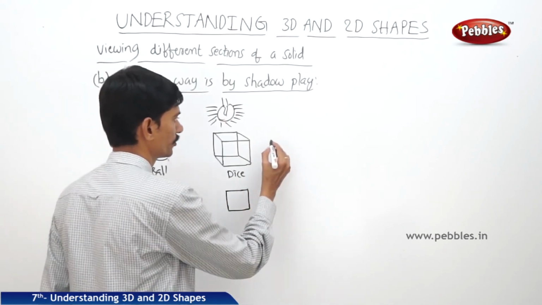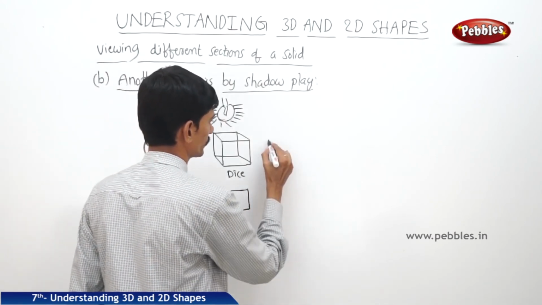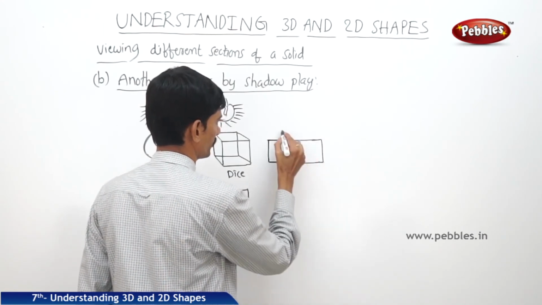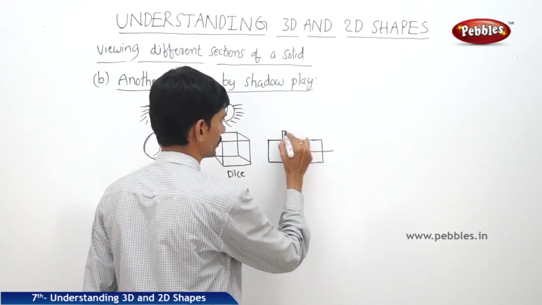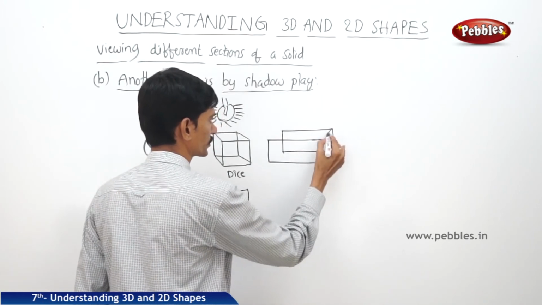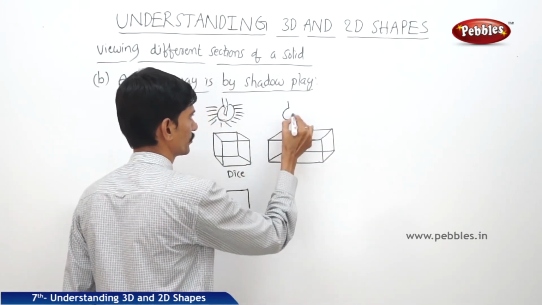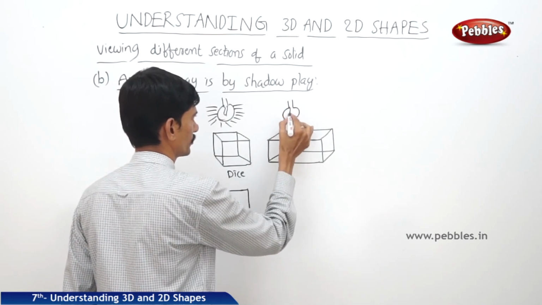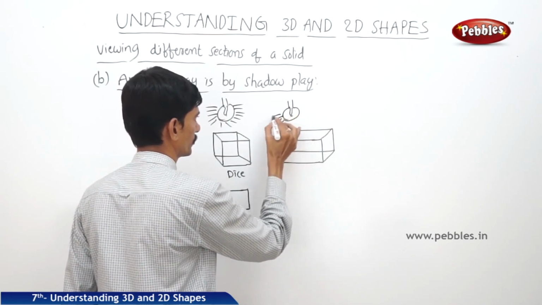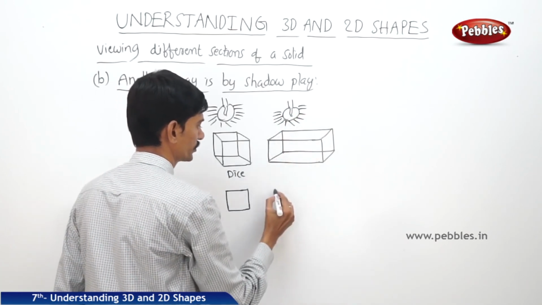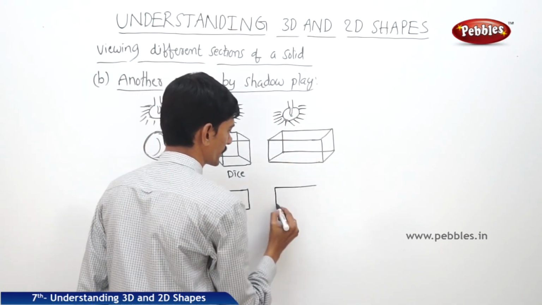And if you take any cuboid in front of the bulb or torchlight, then its shadow will be in the shape of a rectangle.